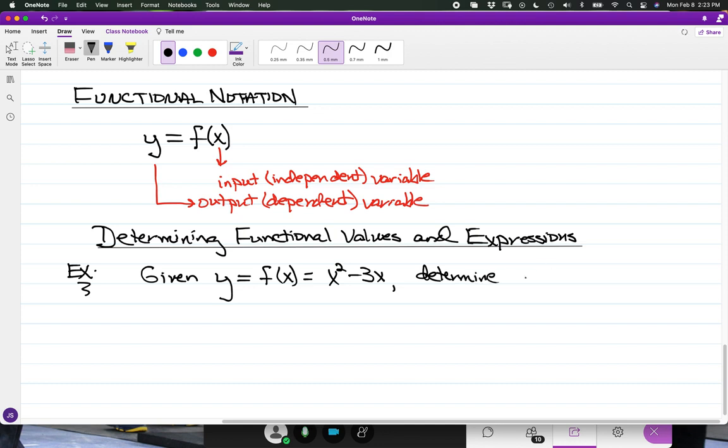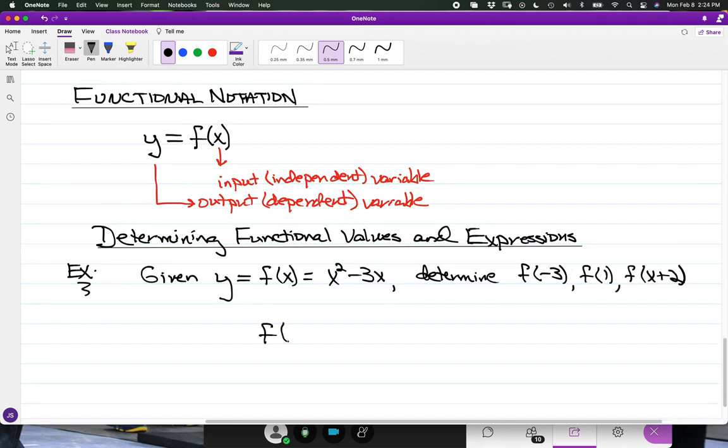And you were to determine, let's say, f of negative 3, as well as f of 1. And say we have, looking at the determination of f of 2.